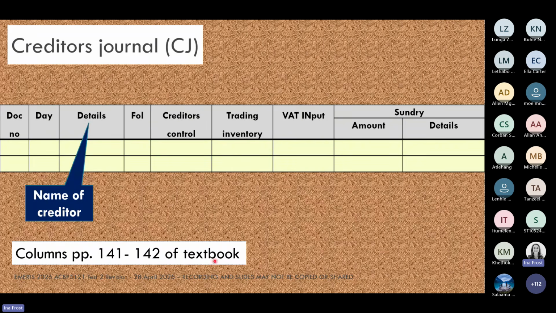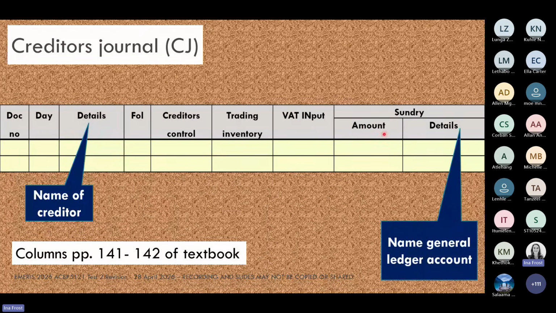And if you again want to look in your textbook, you can look at pages 141 to 142 for a description of what goes into the creditors journal. We again have a details column, and here we're looking specifically for the name of the creditor. So here you're going to write down the name of the business that we are buying from on credit.